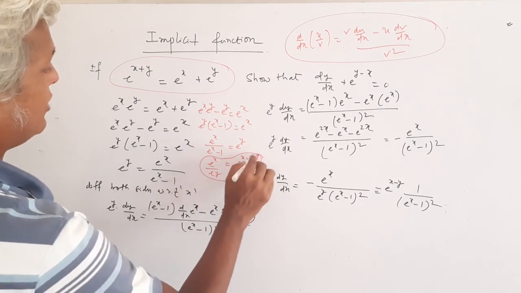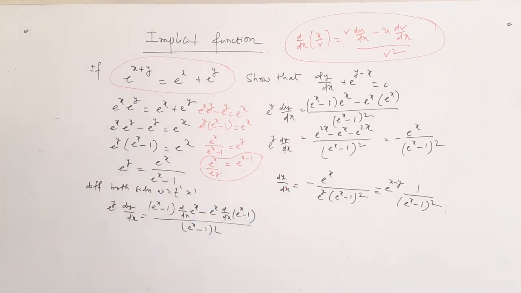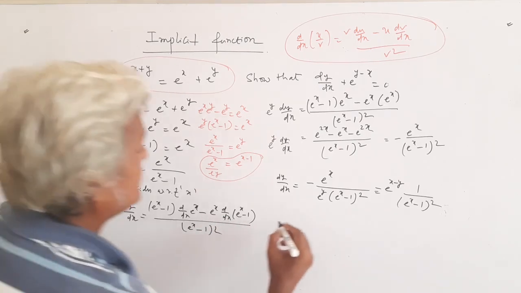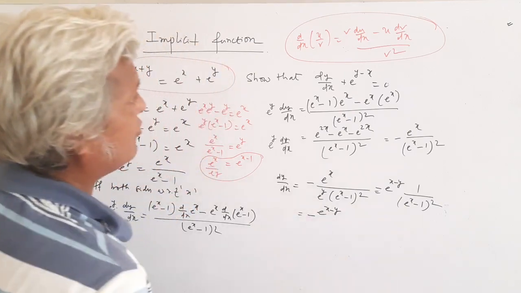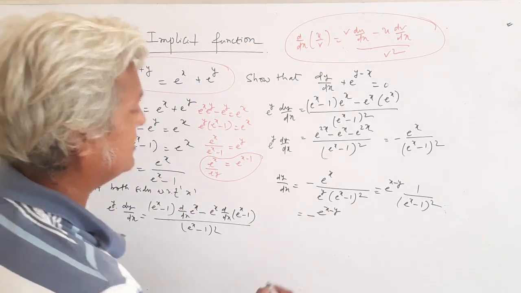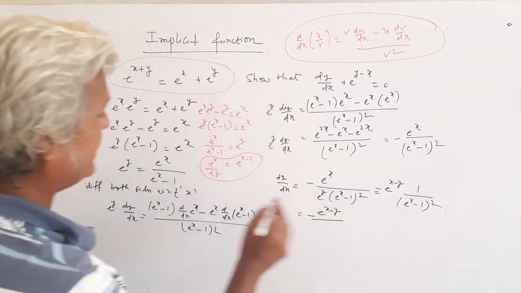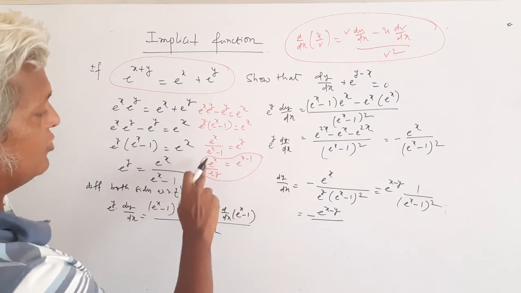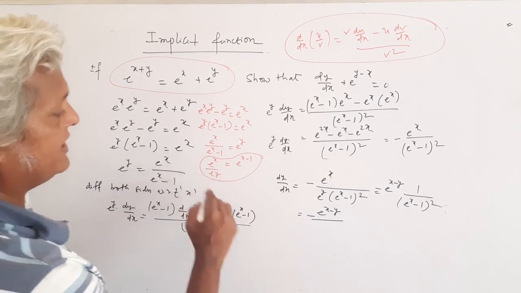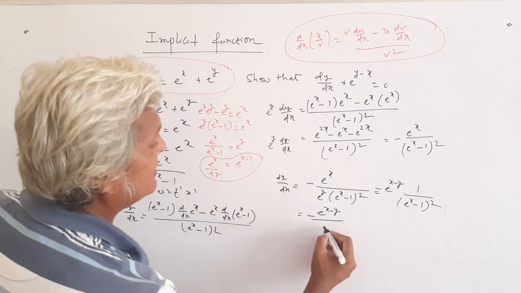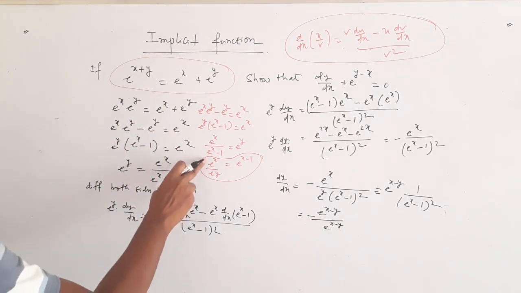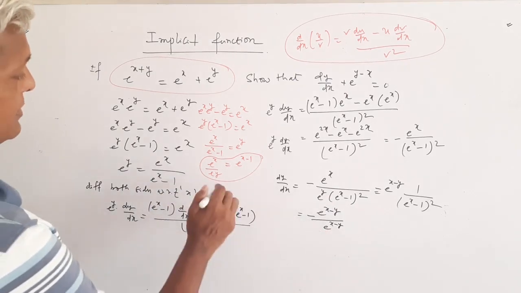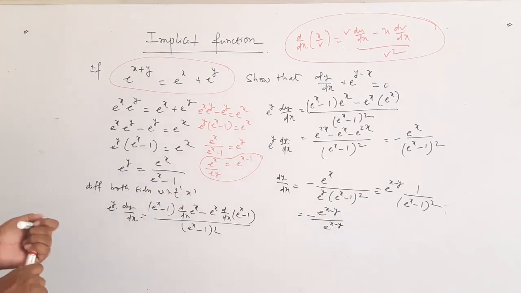So now at the place of that one, if I write this minus e^(x minus y) upon, at the place of (e^x minus 1) whole square, I can write e^x over e^y, which is nothing but e^(x minus y). So e^x over e^y is nothing but e^(x minus y).